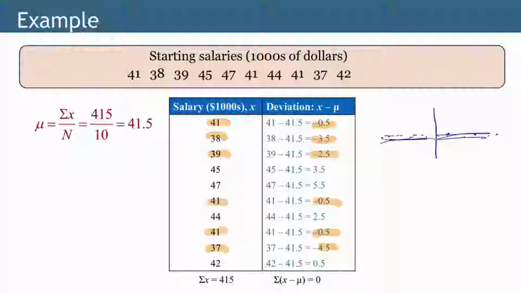But the problem is, when you add up all these deviations, you get 0. And it turns out, we're not going to show or prove this to you, but every time you add up all the deviations, you always get 0. So if I add them all up, get 0, and divide by how many, I get 0.